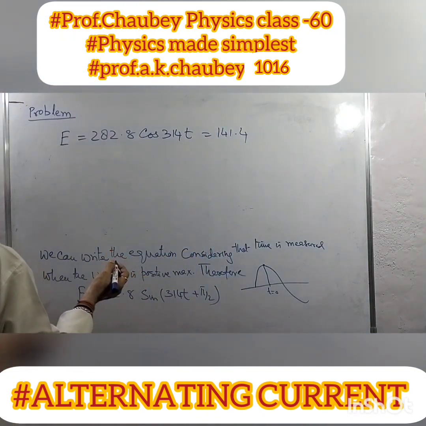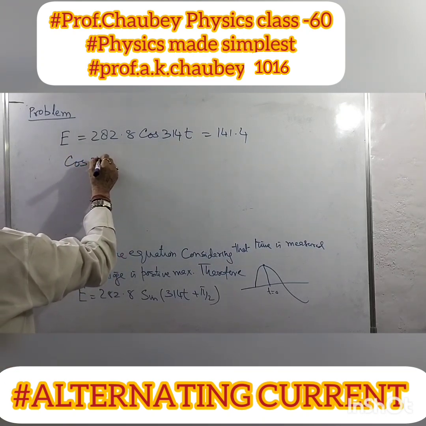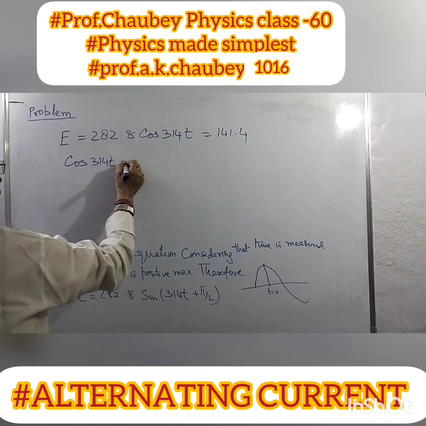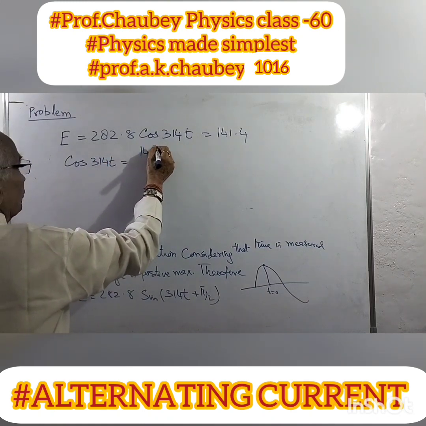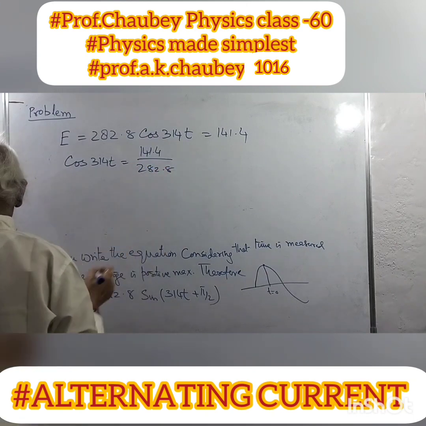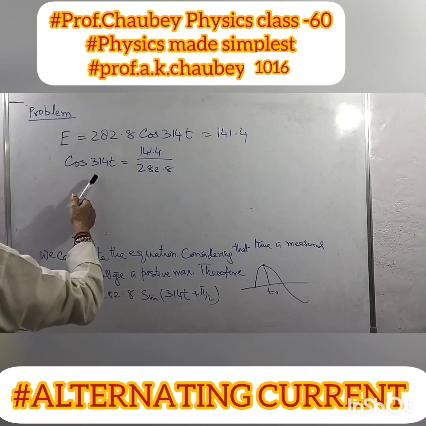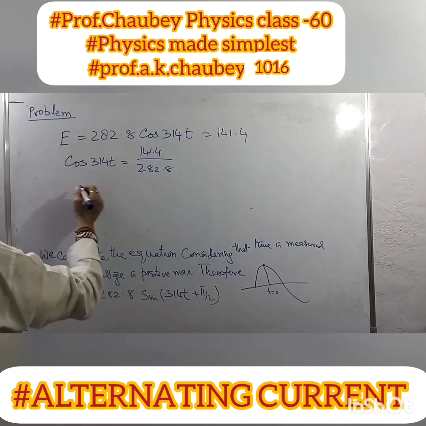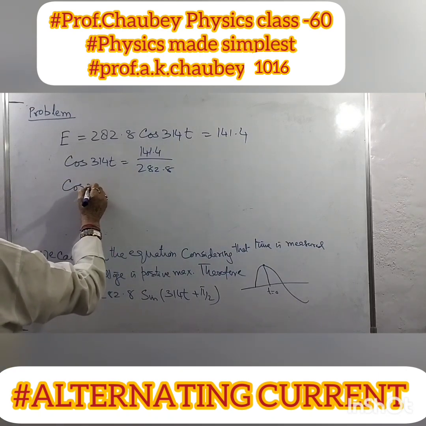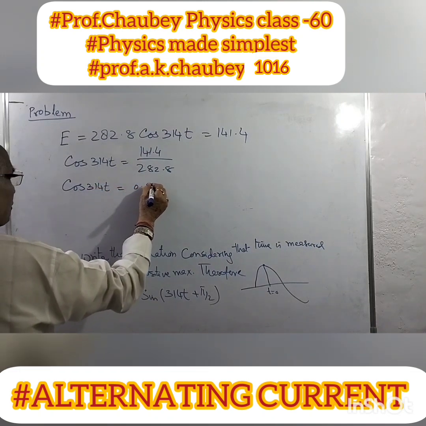So you can now solve this: cosine 314t is equal to 141.4 divided by 282.8. That is 1 by 2, so cosine 314t is equal to 0.5.